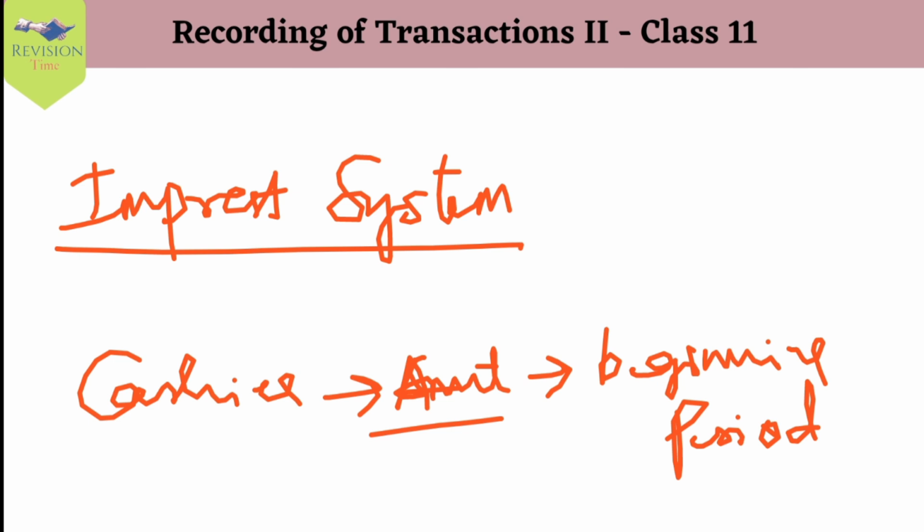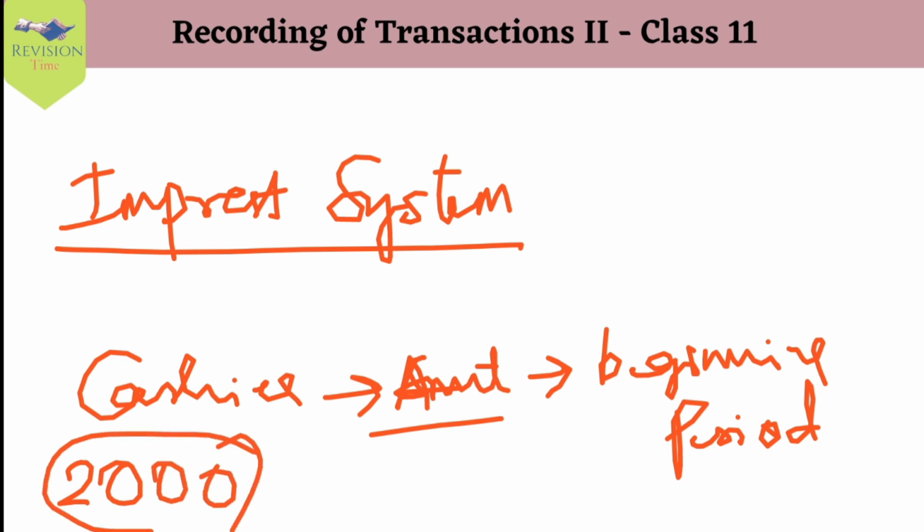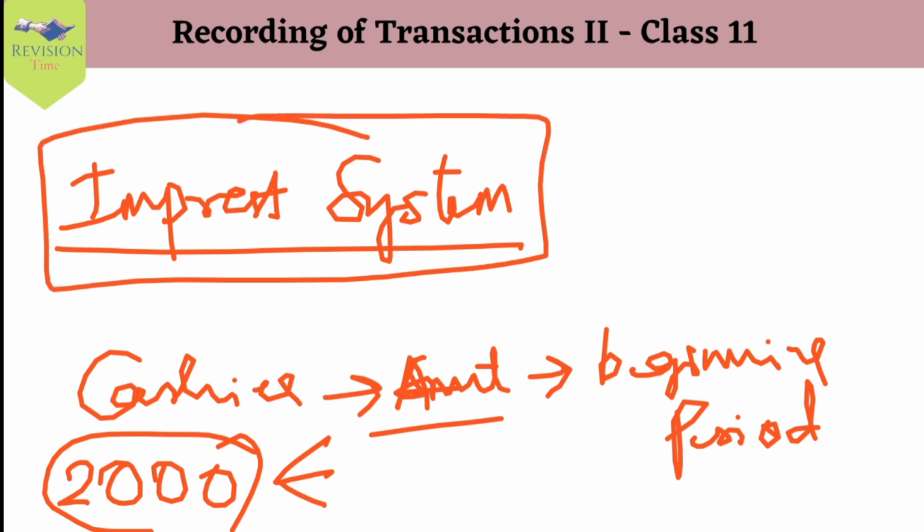Say at the start of the period, the cashier is given 2000 rupees, and he has to incur all the petty expenses for that particular month from these 2000 rupees only. This is known as the Imprest system. This is known as an Imprest account, an account where a particular amount is set aside and all the expenses have to be incurred from that amount itself.